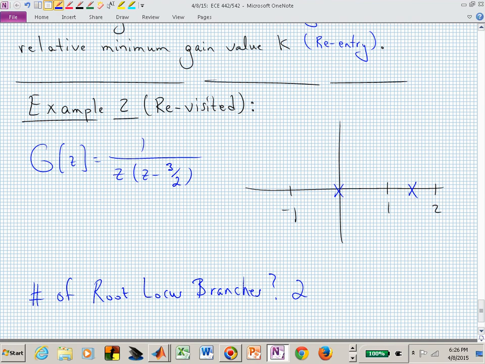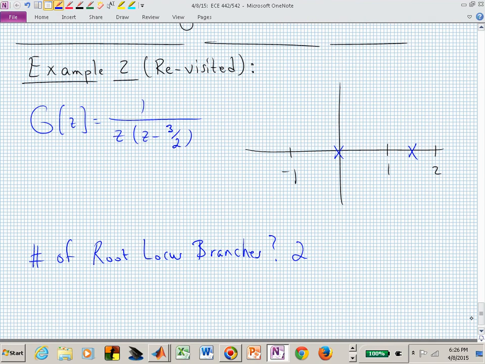Those are my starting points for the root locus. I've basically captured rule number 1. Let's use rule number 2 and determine which line segments belong on the root locus.